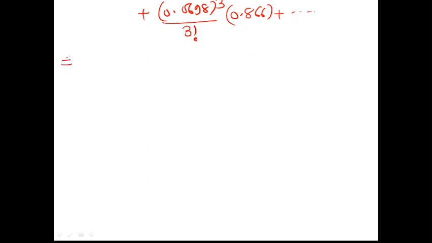So on simplifying, what you will get? You will get cos of 64 degree is 0.4383. So in this way we get the answer.